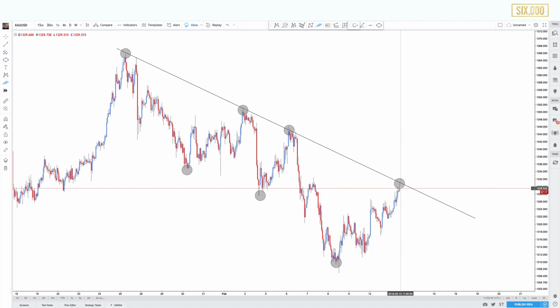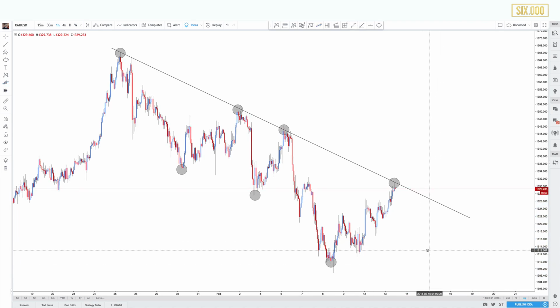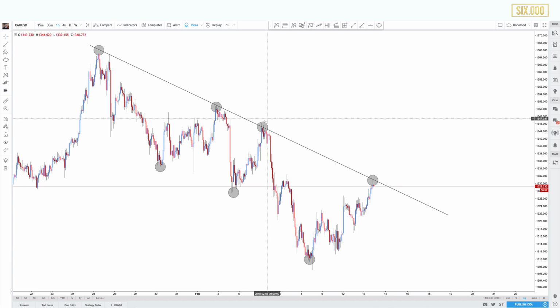So if the buying amplified, we would then see a breakout and we'd see a very aggressive move upwards. But if the flow of buying and selling changed, then of course we would see price maybe retest this level, and it would keep trading like this, and then we'd see another lower low in the market. So again, multiple tests across this level. We've got 7 plus, possibly, maybe more in the future.